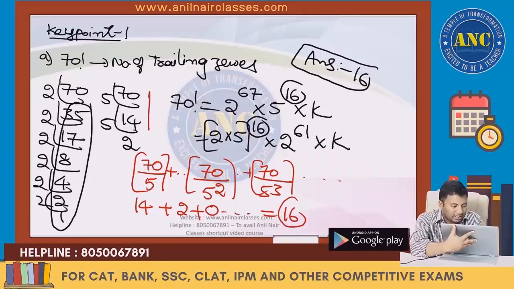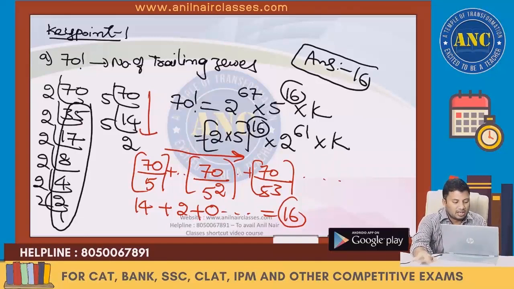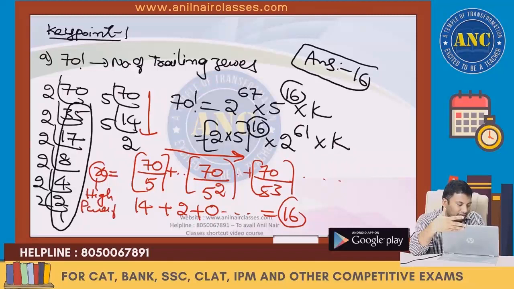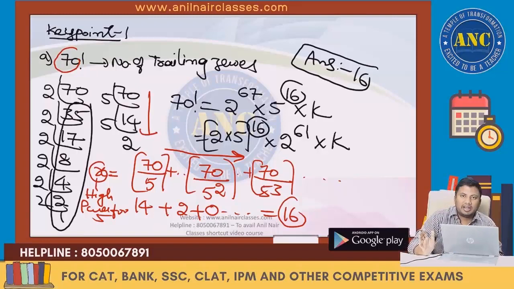Instead of doing it the long way, I am doing it like this. Whatever I got is nothing but the highest power of 5. If there is a factorial number, first I am dividing by 5, then by 5 square, then by 5 cube, and the process continues.